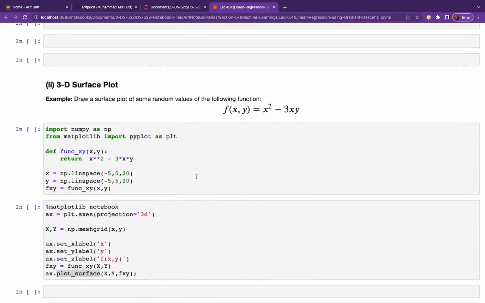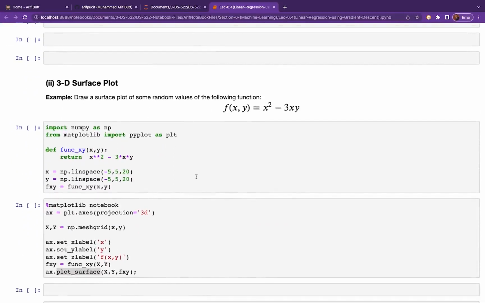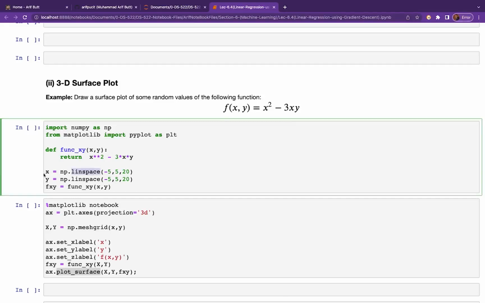Well, the way we have created a 3D scatter plot, we can also visualize the same function, that is x squared minus 3xy, as a surface. For the x and y values over here, in these two lines, I've used the NumPy linspace method to create 20 points in the range of -5 to +5.